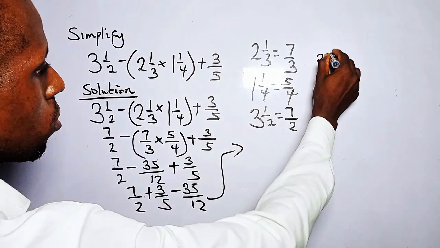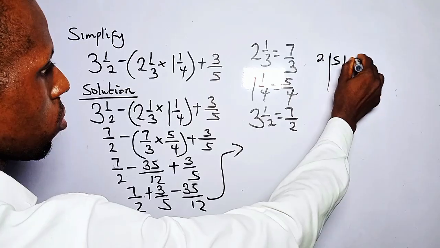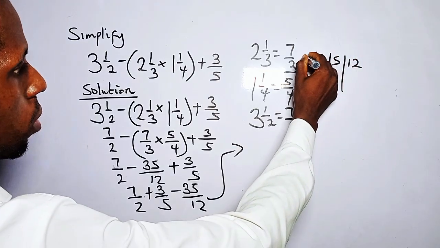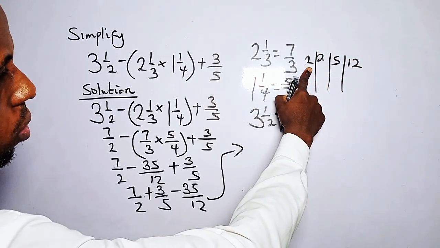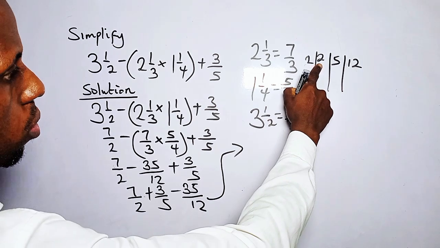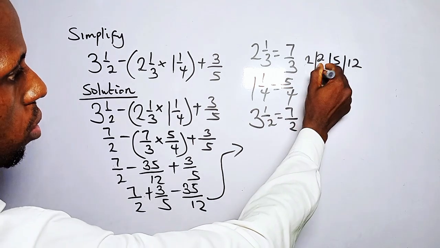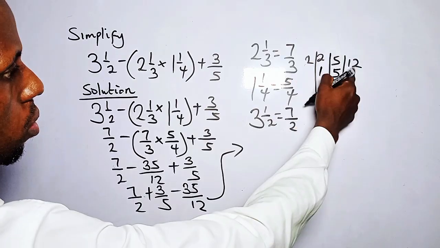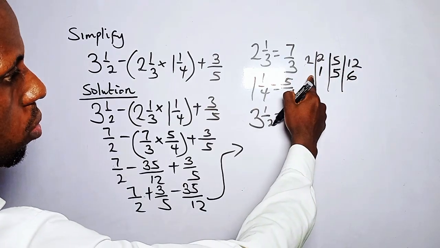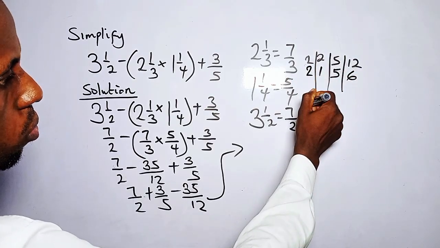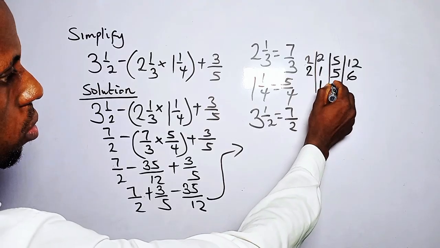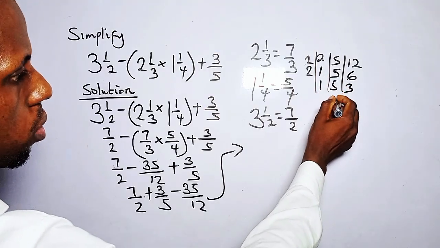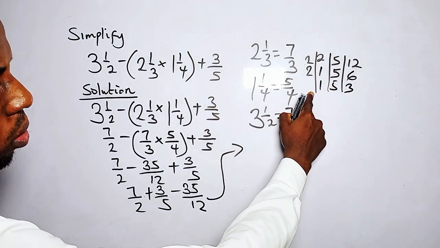For 2, 5, and 12, we can start with prime factors. Let's start with 2. 2 in 2 is 1. It can't go in 5 without a remainder, so we repeat it. 2 in 12 is 6. We can still use 2. 2 in 6 is 3, so we can't use 2 again.